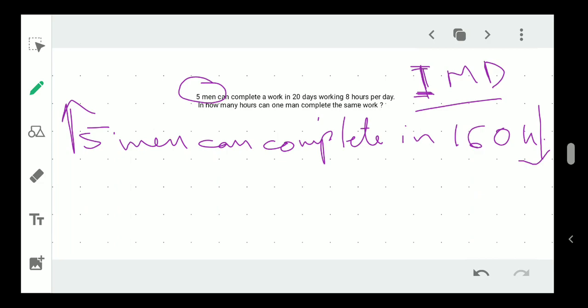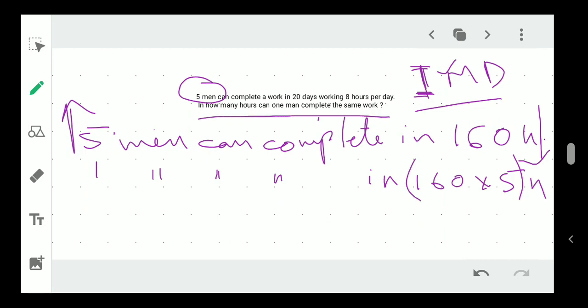So let me find out for one man. So one man can complete in, now first is our multiplication, so 160 into 5. That means it will take more hours to complete for one man. Now I have to find out how many hours one man can complete the same work.